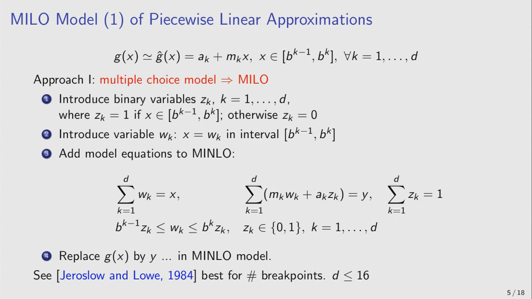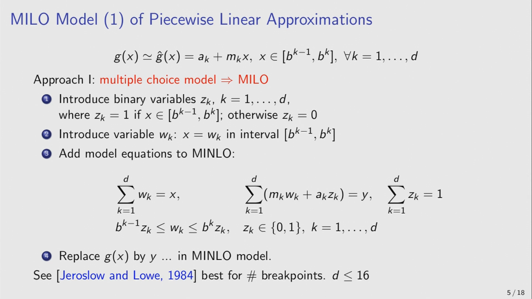And only for one linear approximation, where zk is equal to 1, will I get mk x plus ak. So this is the formulation there. Okay, and so this was developed by Jeroslow and Lowe, and it works well for breakpoints that are not too many. This is quite a good approach.